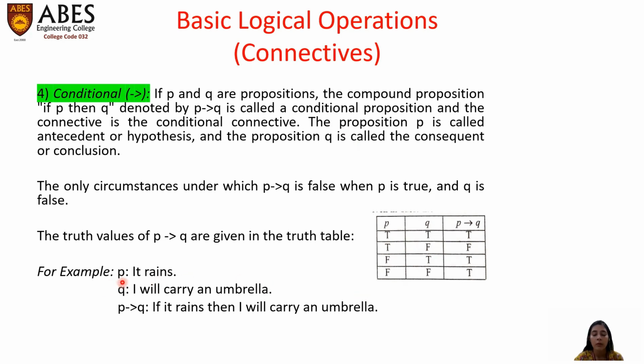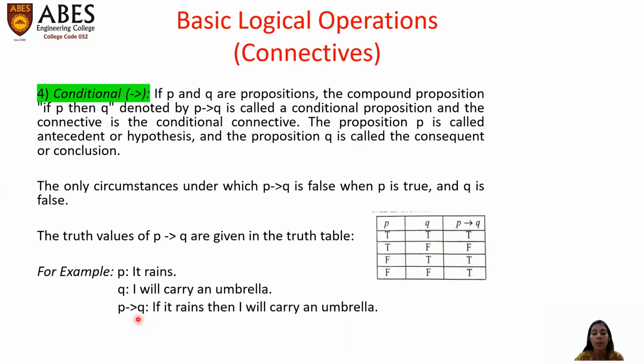Now we will take one example also. P and Q are two propositions. Proposition P is it rains and proposition Q is I will carry an umbrella, and we have to form the compound proposition with the help of the logical connective conditional, or implies.